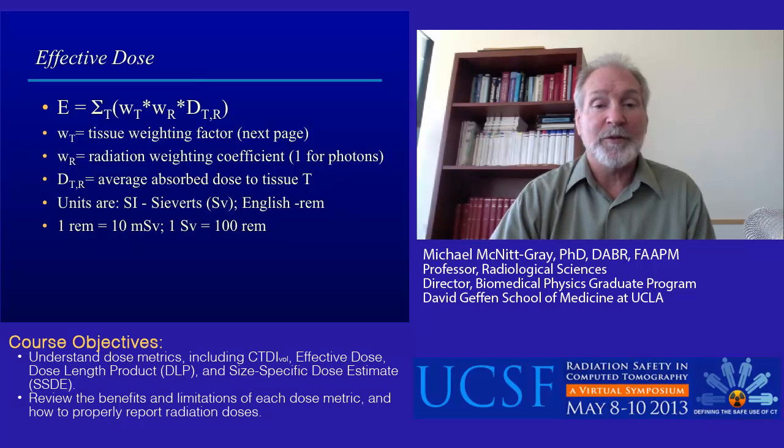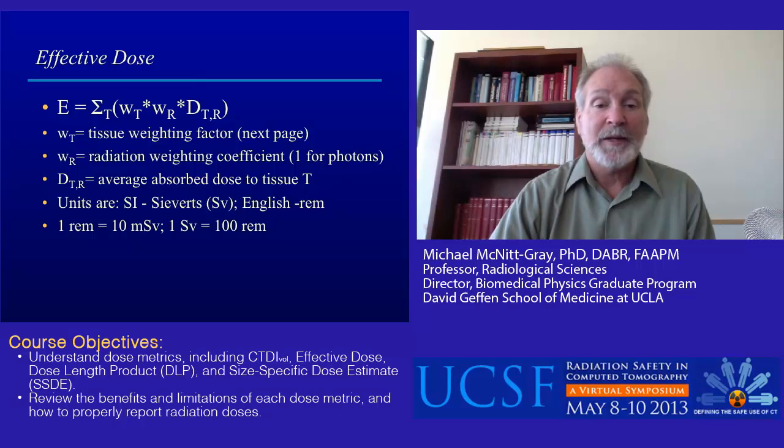W sub R is the radiation weighting coefficient, which is just 1 for photons. Capital D with subscript T and R is the average dose to tissue T from radiation R. In this case, again, we're just talking about X-rays for CT. So it's only a weighting coefficient of 1, and it's the absorbed dose just from the X-rays from the CT scan.